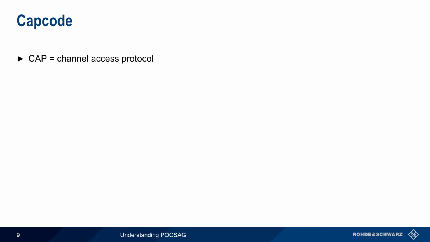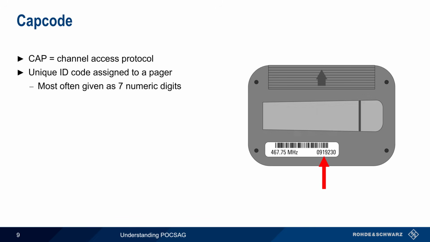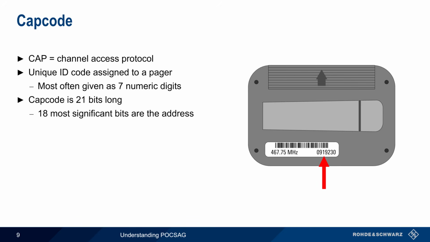The CAP in Capcode stands for Channel Access Protocol, and the Capcode is a unique ID assigned to each pager in a system. The Capcode is often given as 7 numeric digits, although the Capcode itself is 21 bits long. The most significant bits are the address, and the three least significant bits are the frame location.